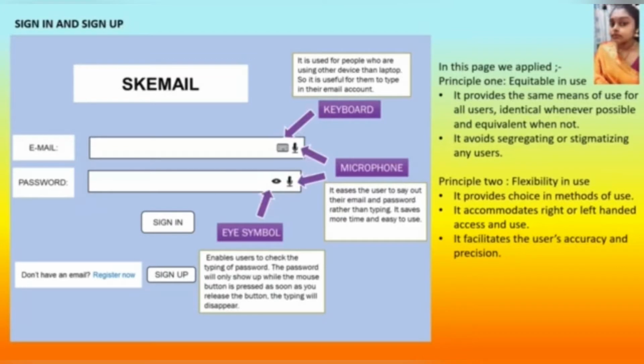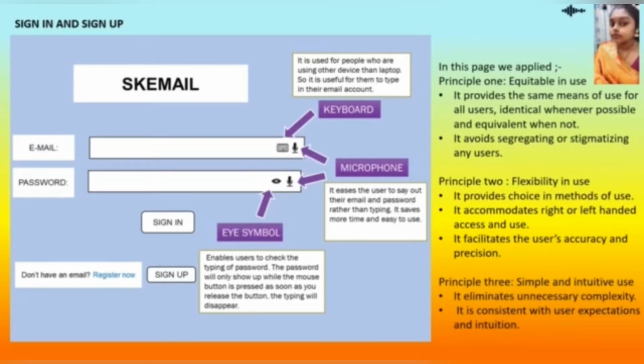It accommodates right or left-handed access and use, and also facilitates user accuracy and precision. And also, principle 3, simple and intuitive use. It eliminates unnecessary complexity and is consistent with user expectation and intuition.